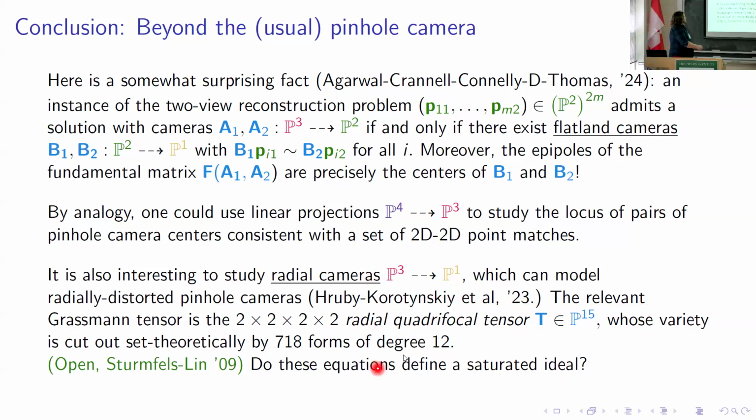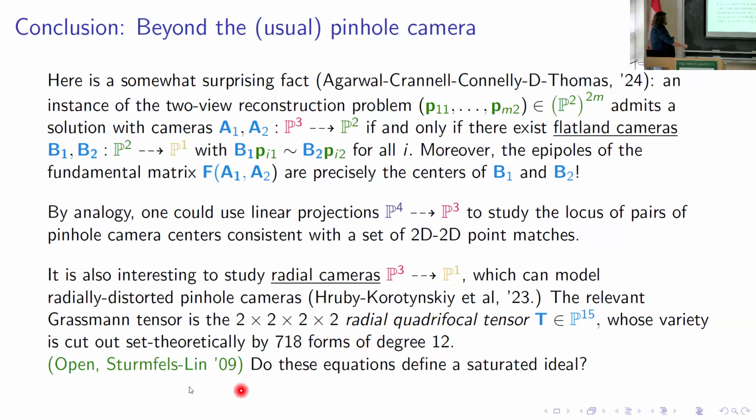This is a 2 by 2 by 2 by 2 tensor, so it lives in P15, and it turns out that this is basically the same as what's called the image of the principal minor map. People have studied what equations vanish on these radial quadrifocal tensors. I think Brodsky and Raines were the first to figure out that there were 718 forms of degree 12 that vanish on this radial quadrifocal tensor variety.